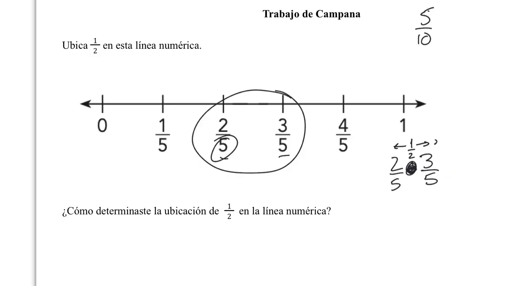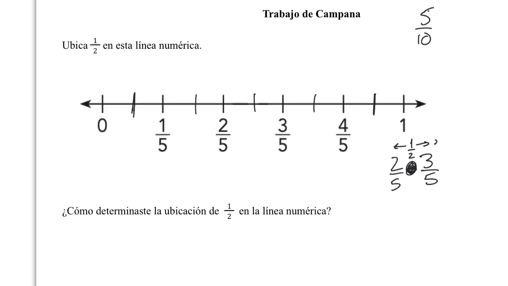Well, one way to do this is how we were doing the other day, breaking these into smaller pieces. Remember, this is like if we were folding it, okay? So now we still have fifths, but we have even smaller pieces, and these would be called 1/10.